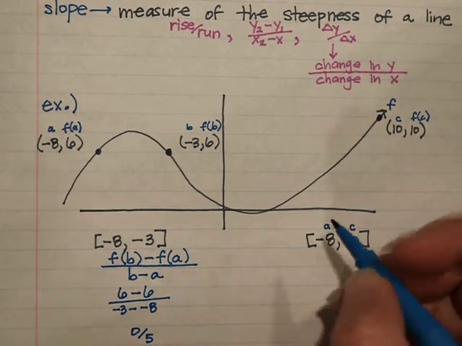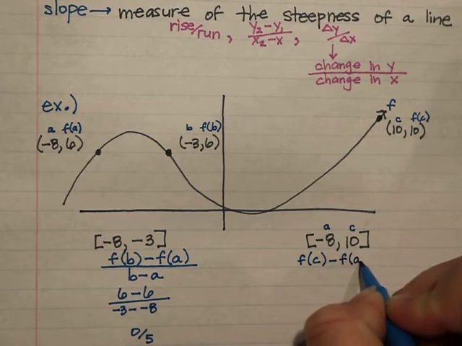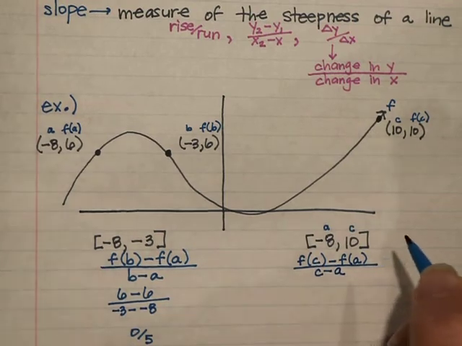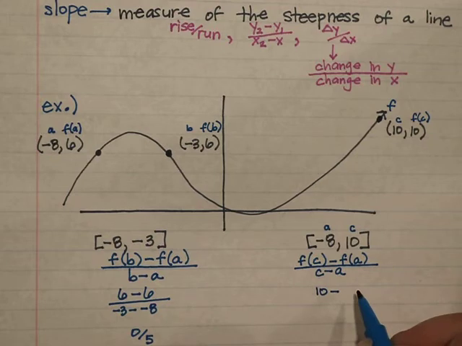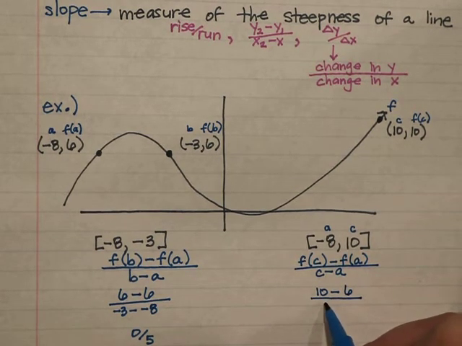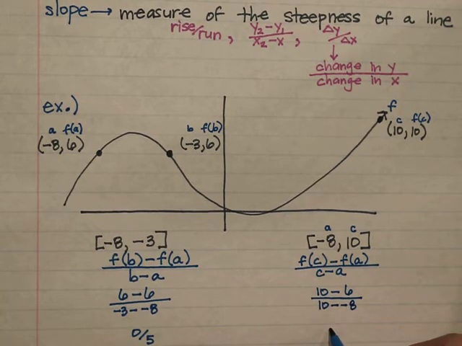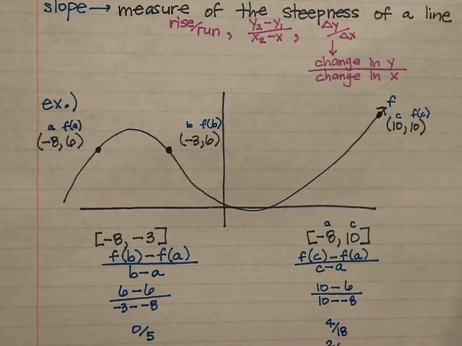So same idea, f at c minus f of a over c minus a. So f at c is 10 minus f of a is 6 over c is 10 minus -8. So if I do this, I get 4 over 18, which simplifies to 2/9. So on average, my average rate of change is I rose 2, ran to the right 9.